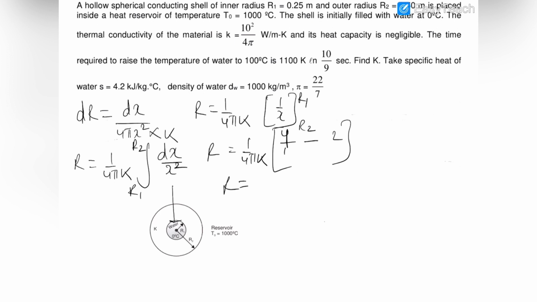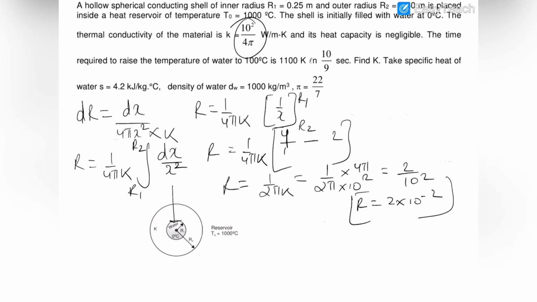So R will be equal to 1 upon 2 pi K, where the value of K is this one. So 1 upon 2 pi, and this is 10 raised to power 2 by 4 pi. So it is 2 divided by 10 raised to power 2. So R will be equal to 2 into 10 raised to power minus 2.